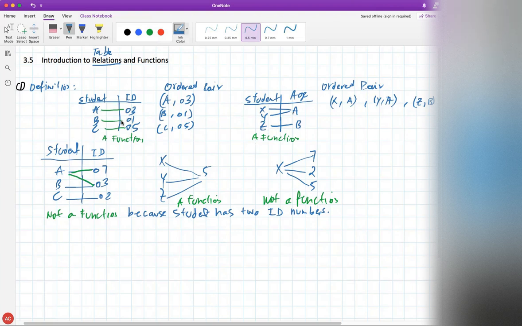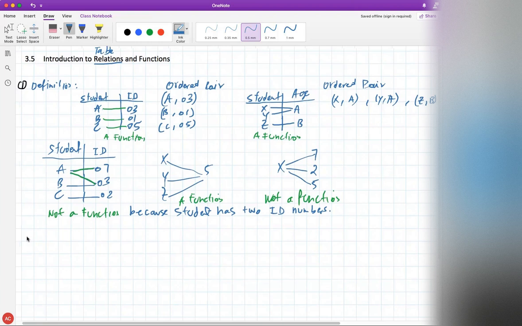So another way of seeing it is through the ordered pairs. So let's write another definition.